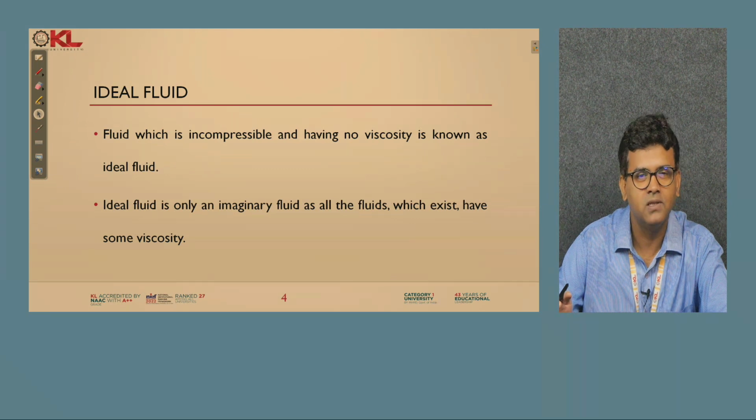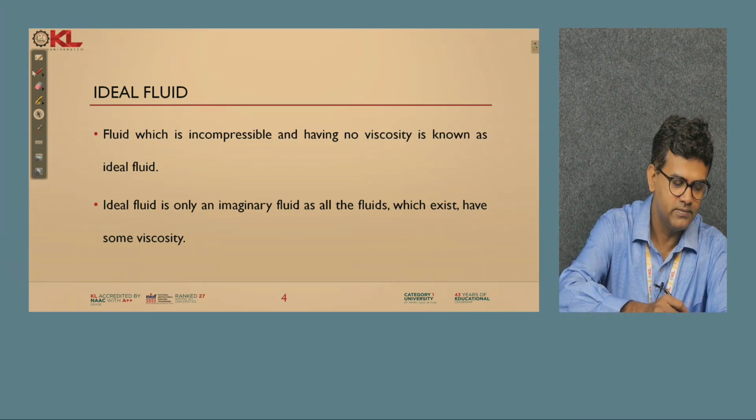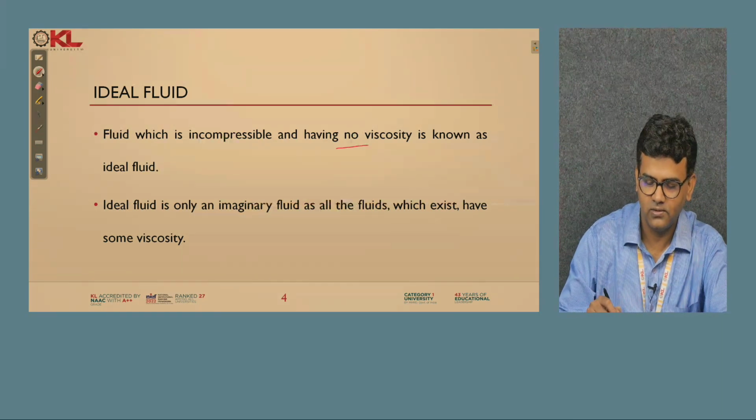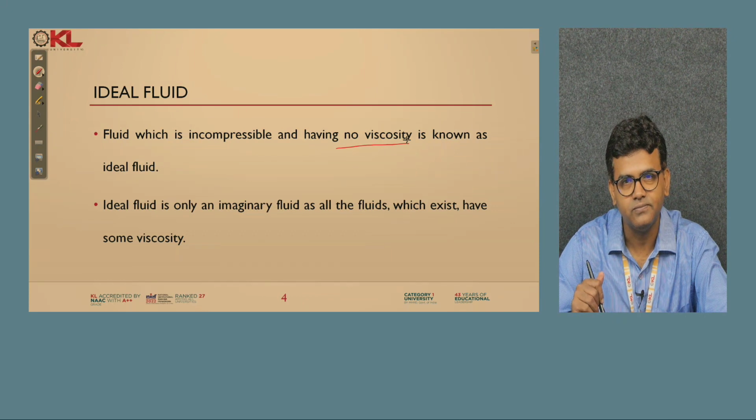It has the properties of no viscosity and incompressibility, that is, no compressibility and no viscosity. That is the main characteristic of the ideal fluid. You can see it written here: it has no viscosity. That means viscosity is 0.